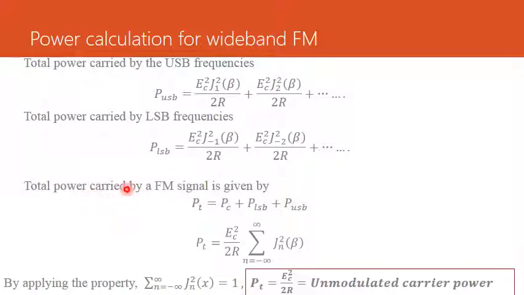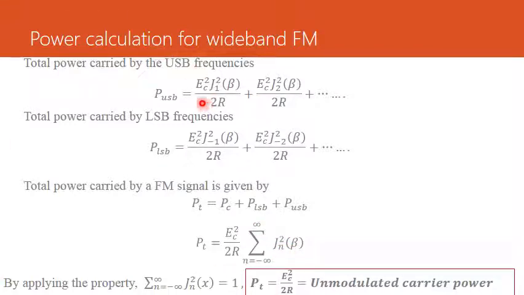The total power carried by an FM signal is given by the carrier power plus the lower sideband power plus the upper sideband power, which is equal to Ec square divided by 2R summation from n equal to minus infinity to infinity Jn square of beta.